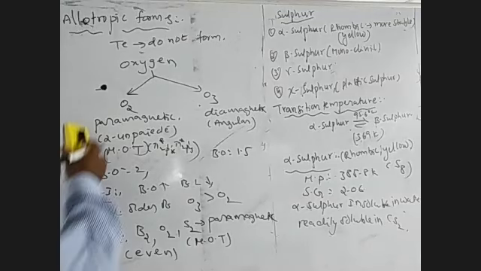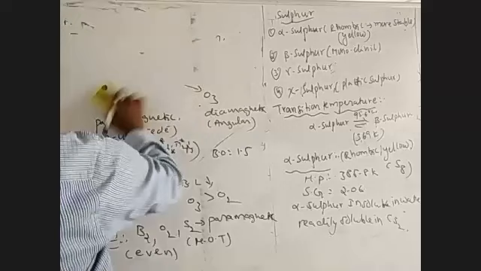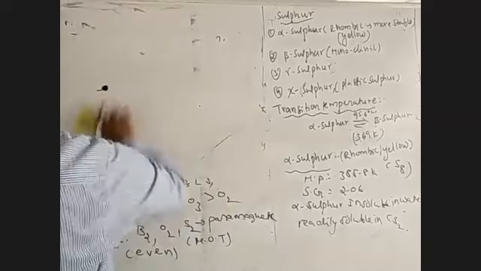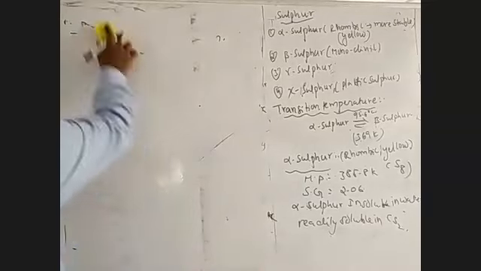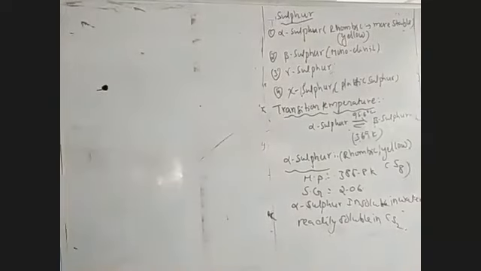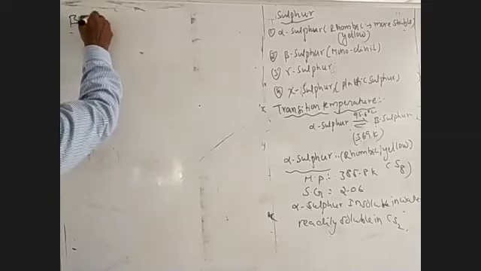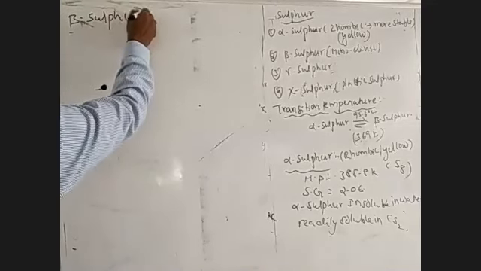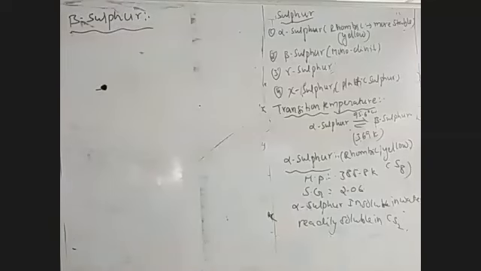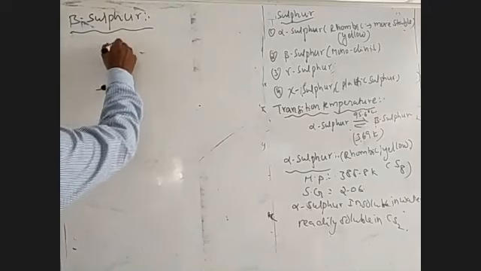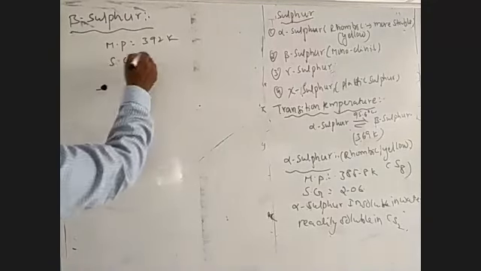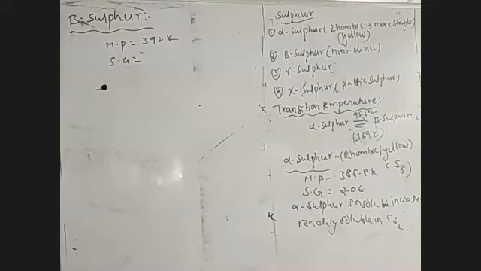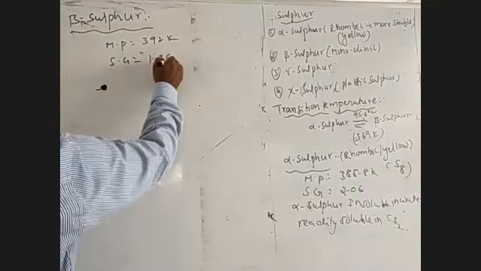The next allotrope of sulfur is beta sulfur. The melting point of beta sulfur is 392 Kelvin, and the specific gravity of beta sulfur is taken as 1.98.